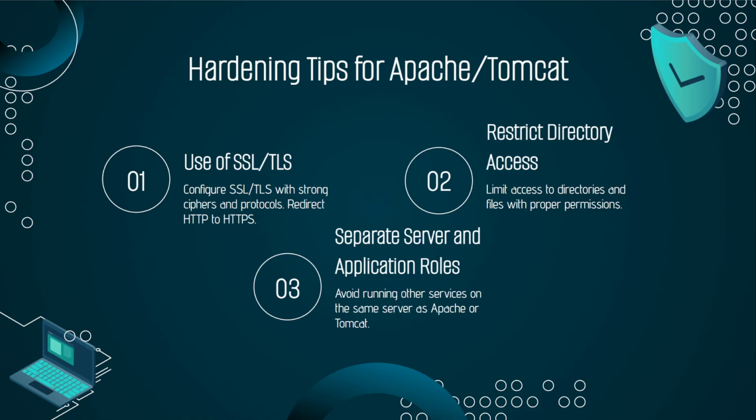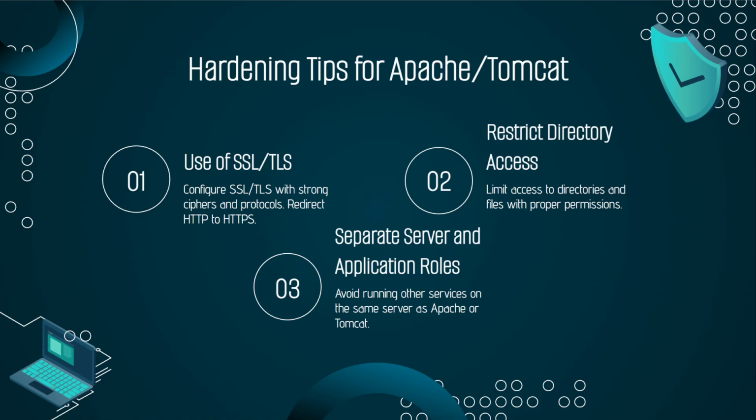Apache Tomcat, on the other hand, is an open source application server, and this is more designed for running Java-based web apps, while Apache handles general purpose web serving. Tomcat focuses more on executing Java Server Pages, and is commonly used in enterprise environments for deploying those Java applications.